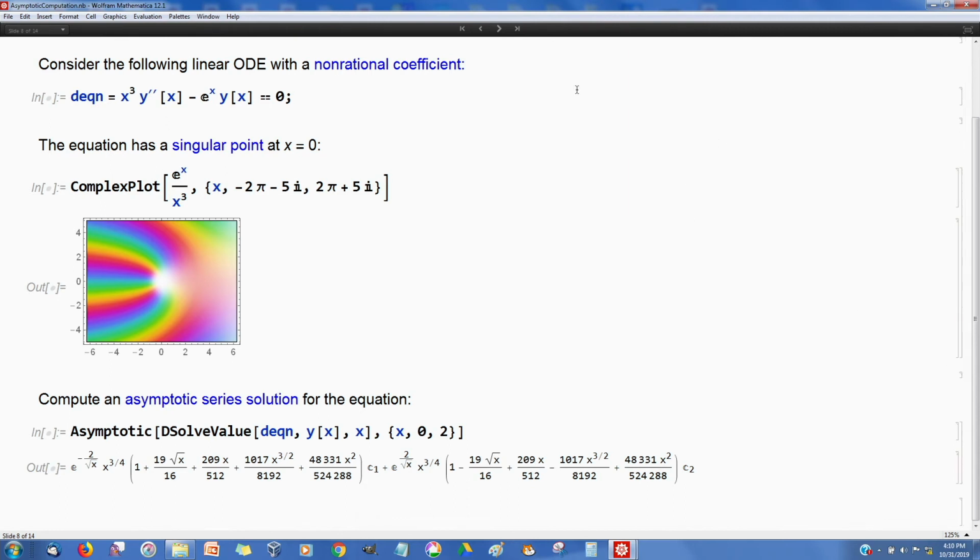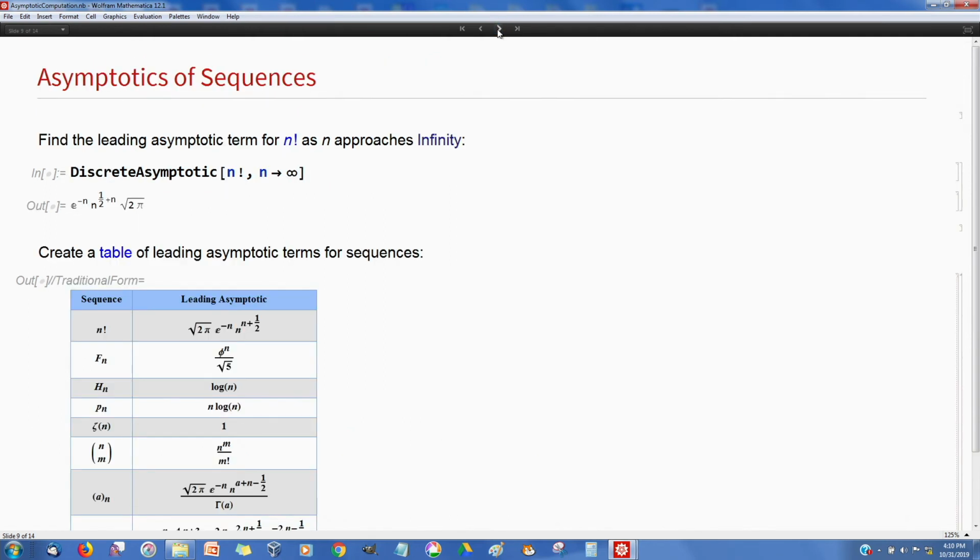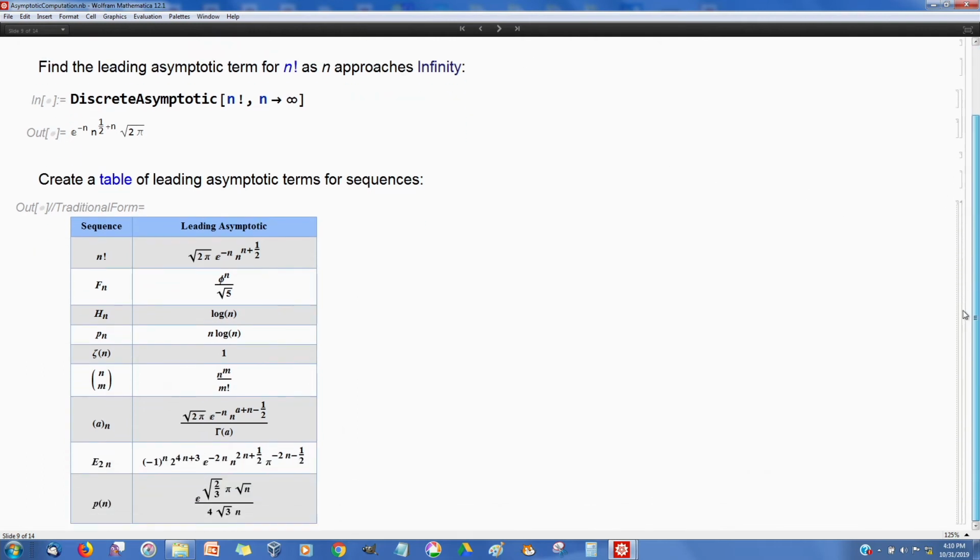Okay, so now I can go on to the discrete side of things and discrete asymptotics. So begin simple with the Stirling formula. The Stirling formula is just what you saw early on. It's e to the minus n, n to the n plus half times square root of 2 pi. But of course, you can go much further than that. So here's a nice table of discrete asymptotics.